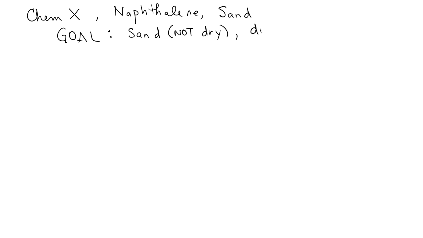You're going to stay with dissolved naphthalene. So again, we're not trying to get that dry. The naphthalene is going to stay dissolved. But the biggest thing that you're trying to get to is dry chemical X. And you can definitely read through the lab.